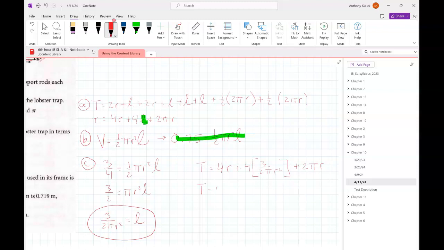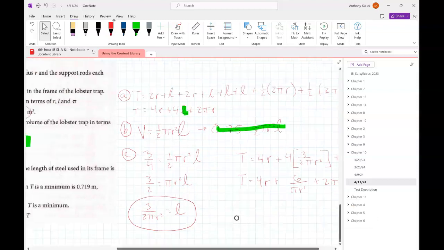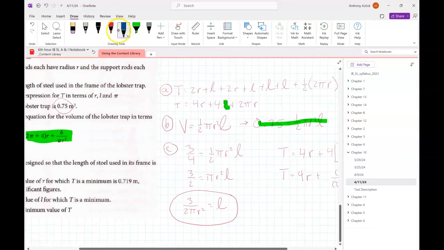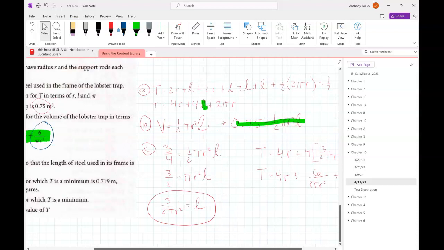When I multiply the 4 with the 3/2, I get that. And if I take a look now, I notice that this part I got, right?